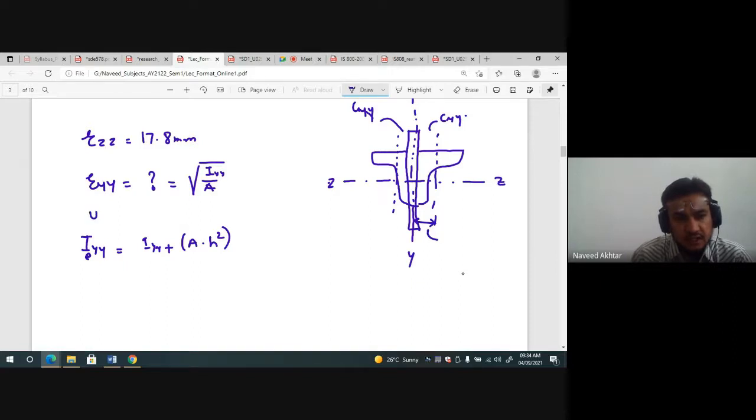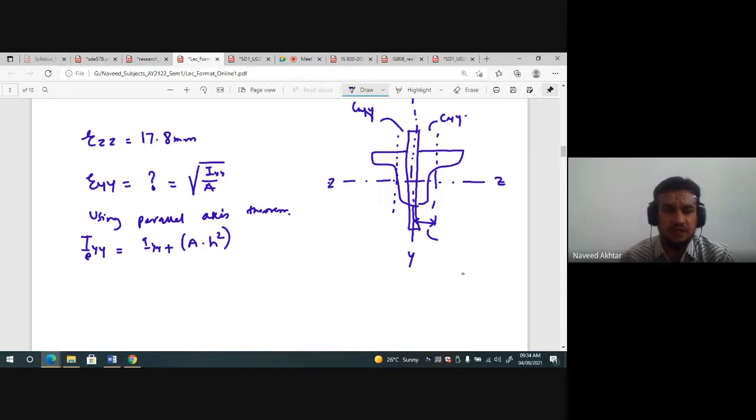So using the parallel axis theorem, you have to find the moment of inertia about this YY axis. Because this YY axis for the two sections is not coinciding with the CG of the whole section. So for the CG of the whole section we have to find IYY. So IYY about its own axis plus area into the square of its distance is nothing but the parallel axis theorem.